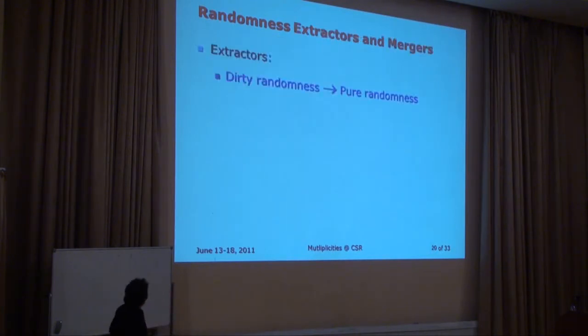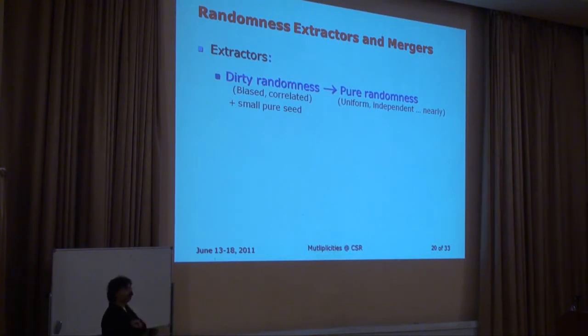Let me tell you what extractors are. Extractors are algorithms that convert dirty randomness to pure randomness. So what is dirty? The bits that you get are biased, they are correlated, they have various forms of dependence. The formal definition usually talks about having a sufficient amount of entropy, min-entropy, but by no means are the input bits uniform and independent.